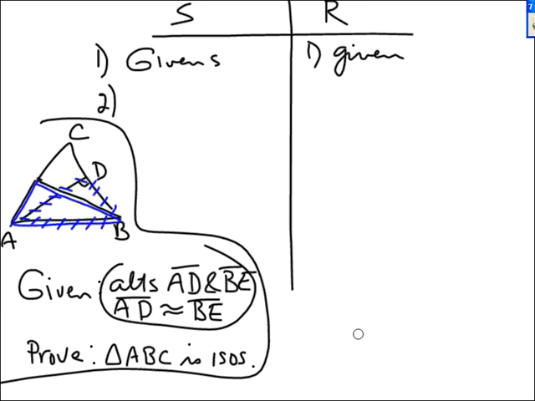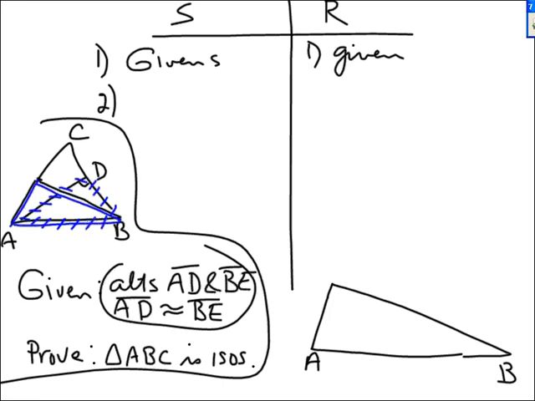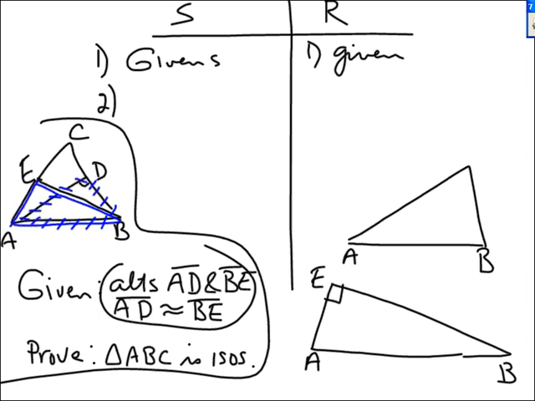And what I'm going to do is, in the lower corner, I'm going to draw both of them. This here is the solid blue one, maybe bigger than needed. A, B, and I said I was going to call that point E. A, B, and E. And point E is a right angle. And the dashed one, it also has a B, and up here, angle D is a right angle. Now, they both have AB in common.